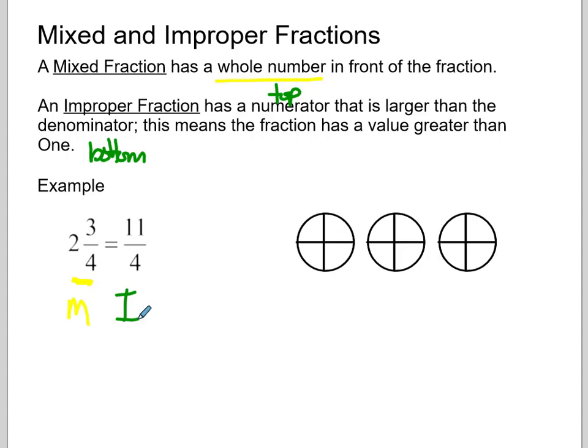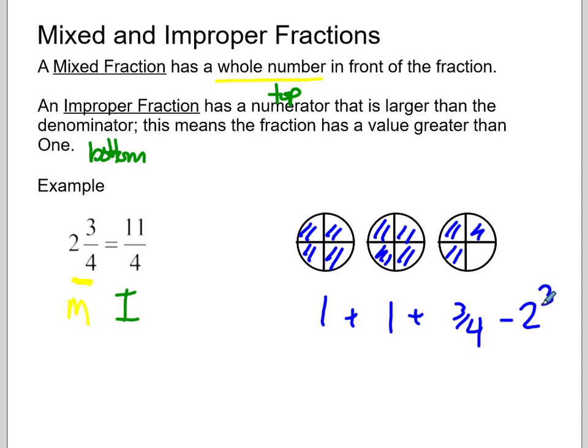Now what we learn is that we can move between these two things. So if you look here, 2 and 3/4, if we count, there's one whole unit. There's a second whole unit. Okay, and now I only have 3 out of the last one, 3 out of the 4/4. So this is 3/4. And if you add all those up, you end up with 2 and 3/4.